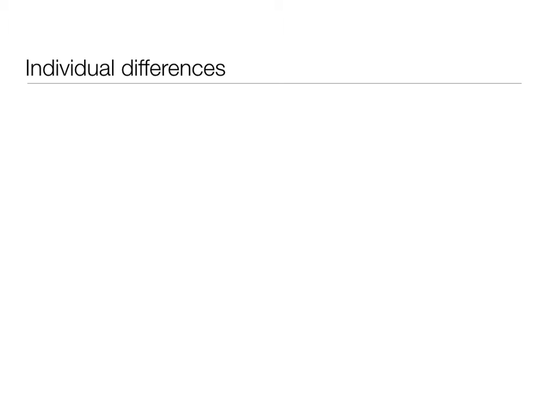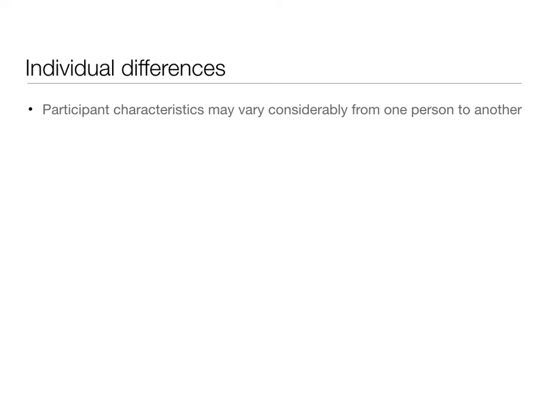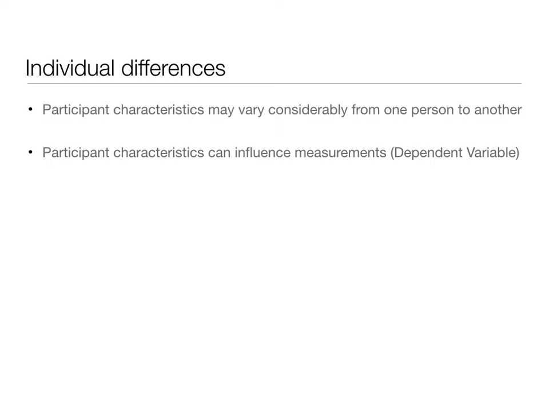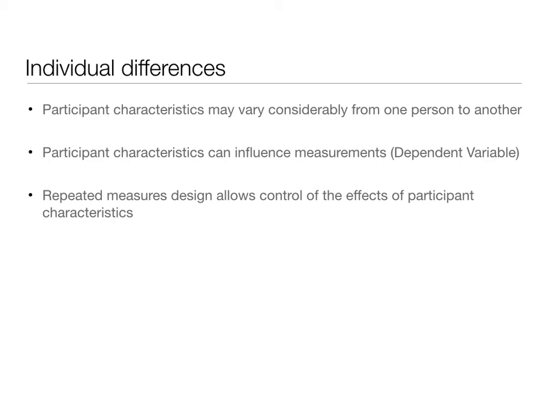The difference in repeated measures ANOVA is that we don't have to worry about these individual differences. We don't have to worry about participant characteristics varying from person to person, or those characteristics influencing the measures of the dependent variable. Repeated measures designs allow us to control for these effects of participant characteristics.